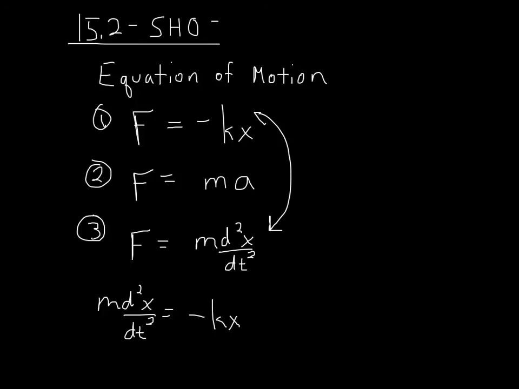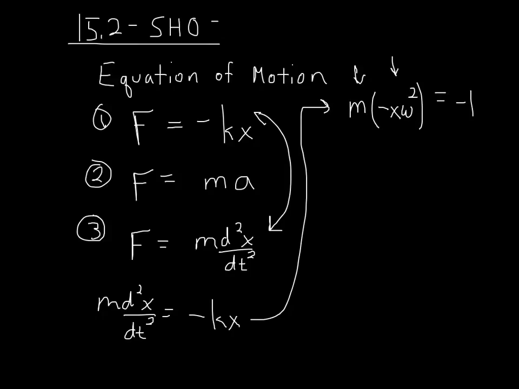Okay, and now I'm going to play with this. I'm going to fiddle with this a little bit. My acceleration, which we just found on the previous slide, is equal to negative x times omega squared. So I'm going to plug that in for my d2x. On one side I have mass times my acceleration for my oscillator, which is equal to negative k times x, my Hooke's law.